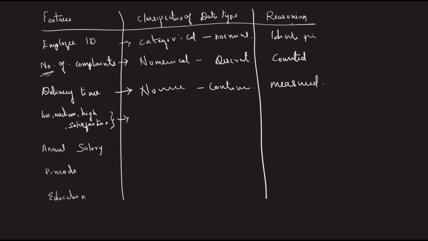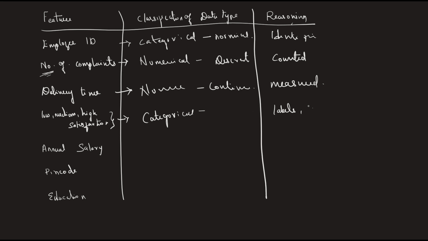Moving to the next one, low, medium, high satisfaction. We already know these are labels, which are the values we will have in the feature. So it is categorical, because it has labels. And does it have any order? Yes, it has an order: low, medium, then high.